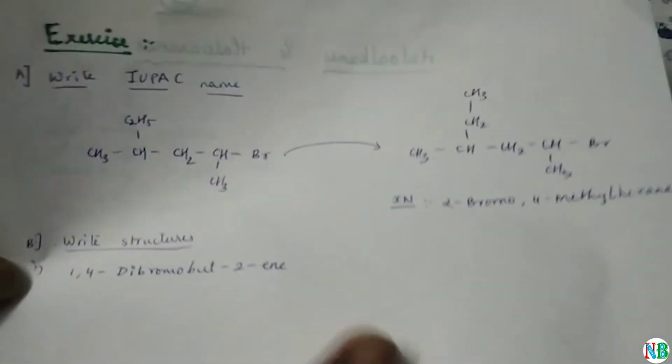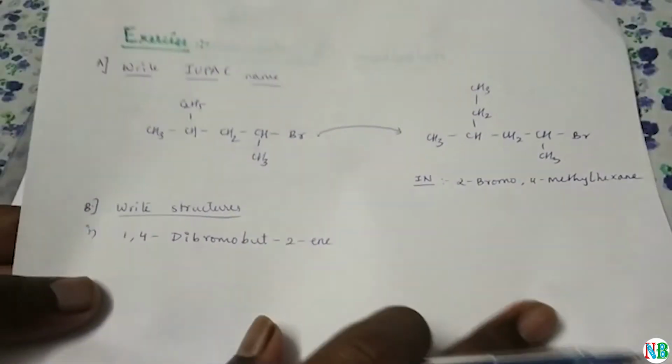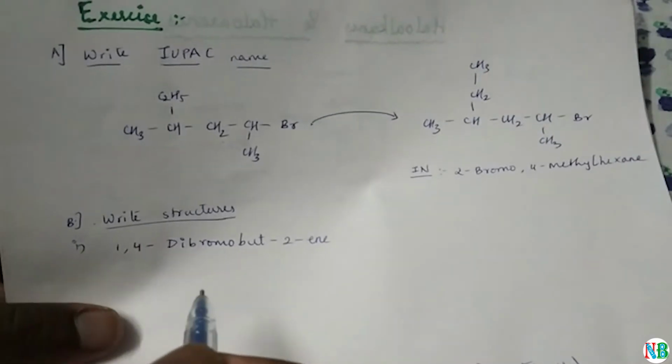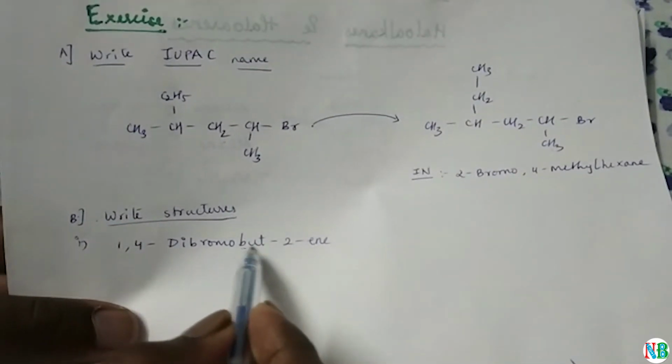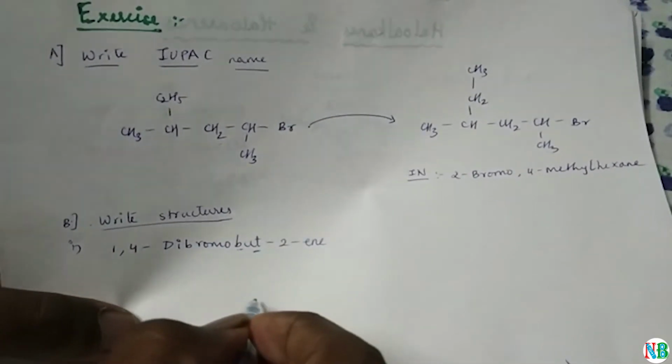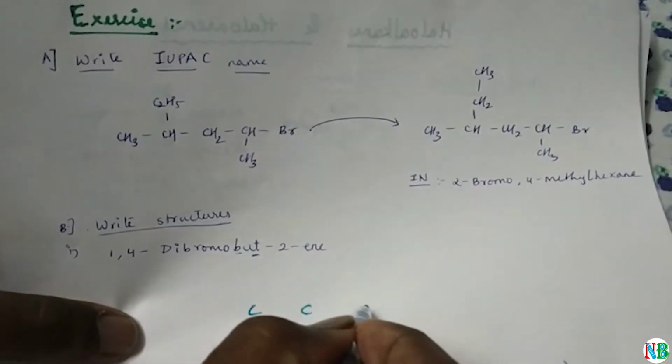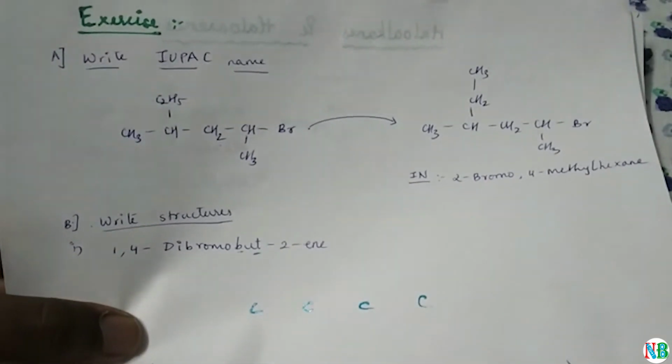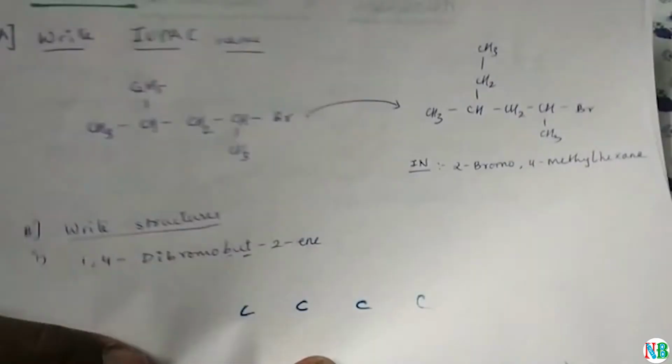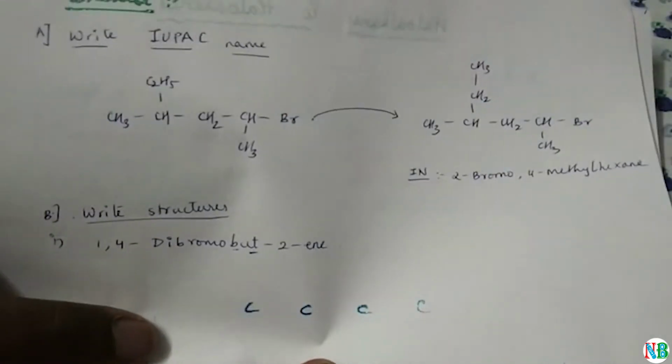If I'm writing the structure of 1,4-dibromobutene, so how do I start? So while starting for this, first I need to see what is there over here, that is butane. So I will write 4 carbons straight away. 1 2 3 4. Once I write 4 carbons, then I will look at what is given.